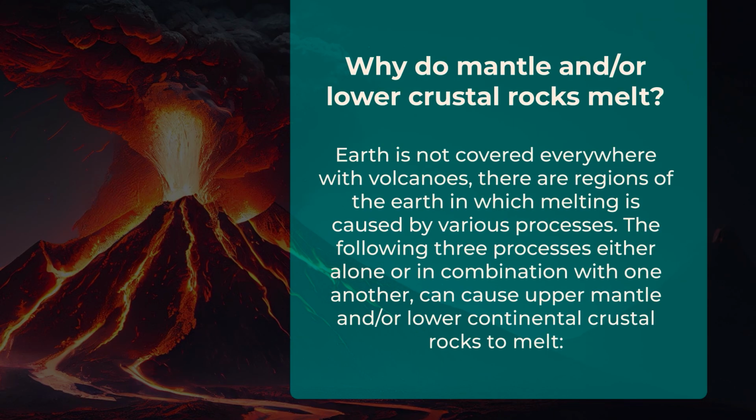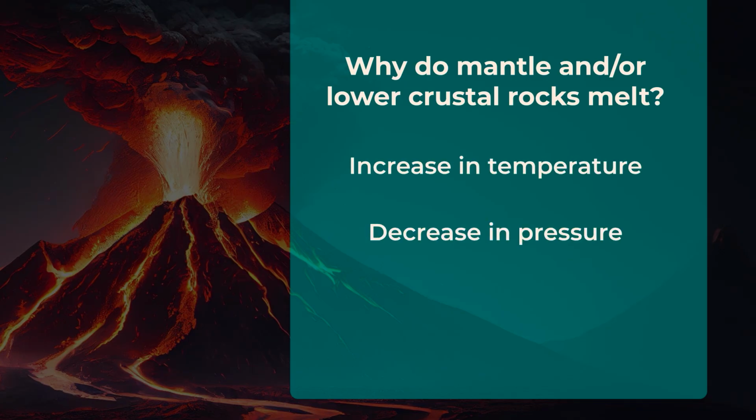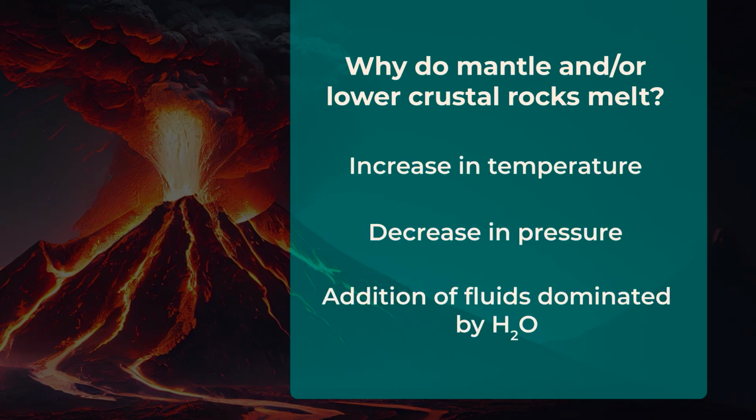The earth is not covered everywhere with volcanoes. There are regions in the earth in which melting is caused by various processes. The following three processes, either alone or in combination, cause the upper mantle or lower continental crustal rocks to melt: increase in temperature, decrease in pressure, and addition of fluids dominated by water.